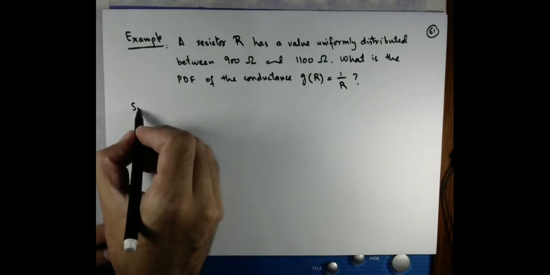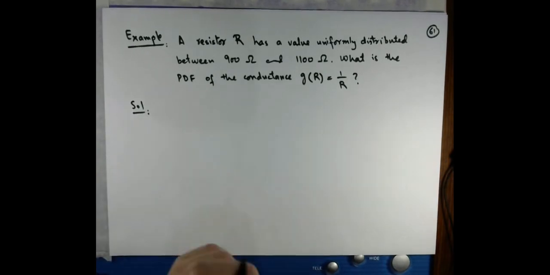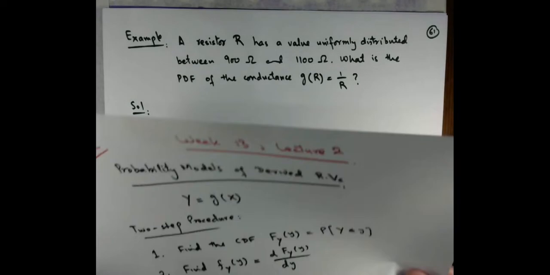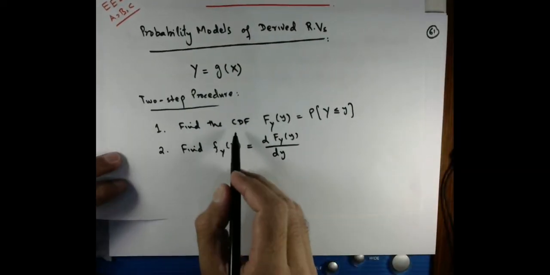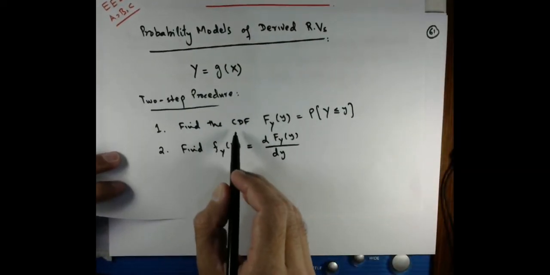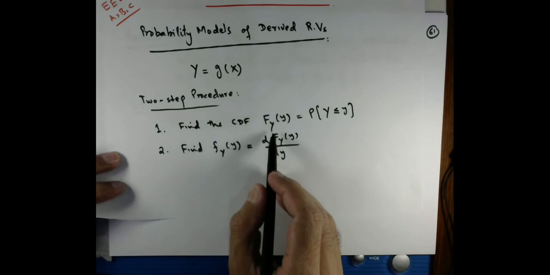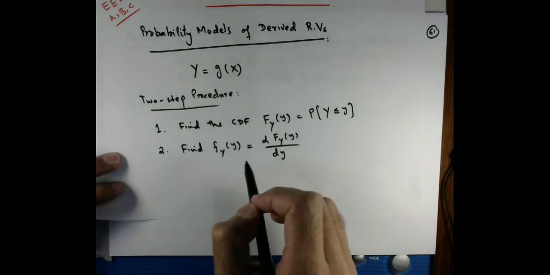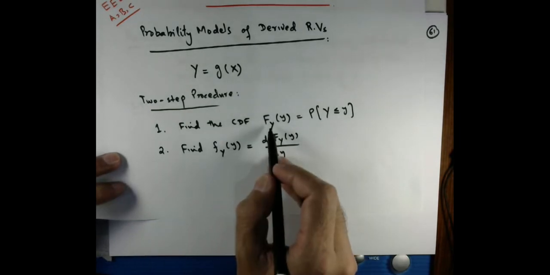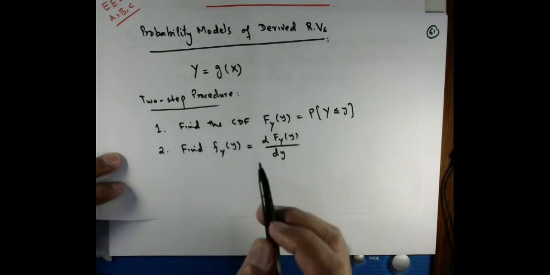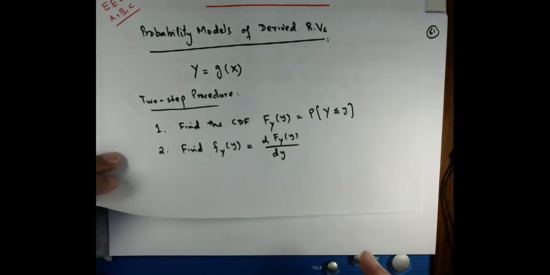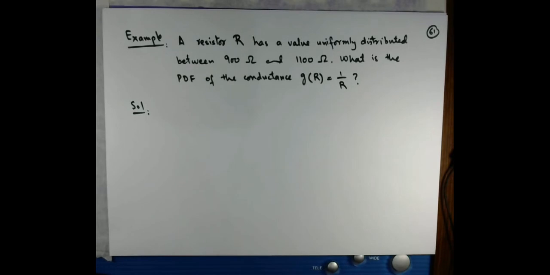So now we try to solve this. As I said, we'll utilize this two-step procedure. First, we'll write the CDF of the derived random variable, and once we have found it, we'll simply differentiate that to find the PDF, the probability distribution of the derived random variable.